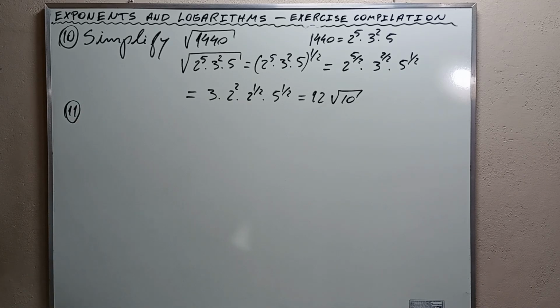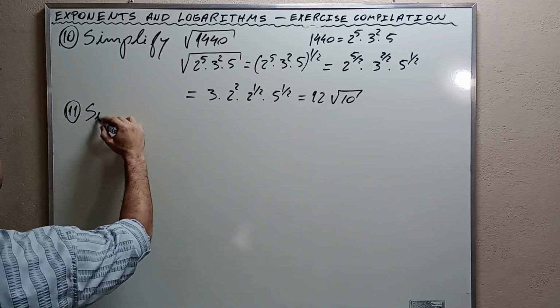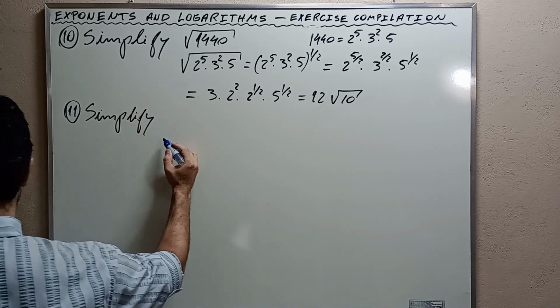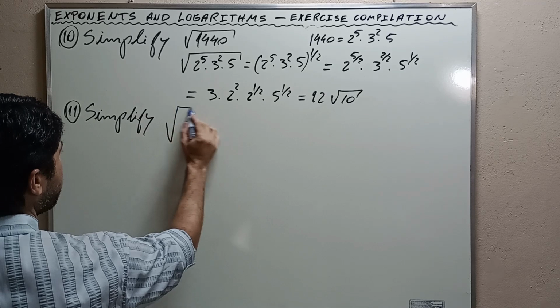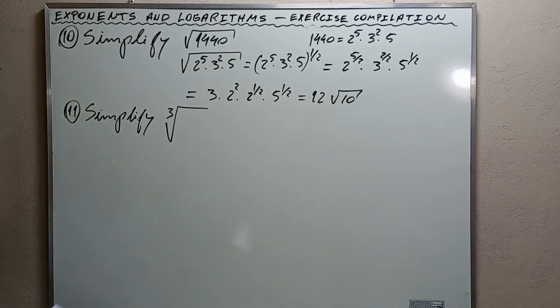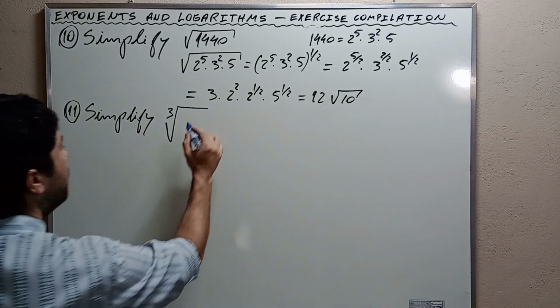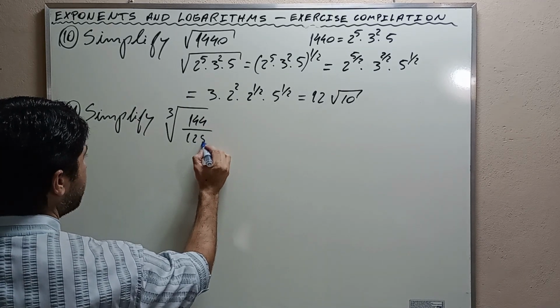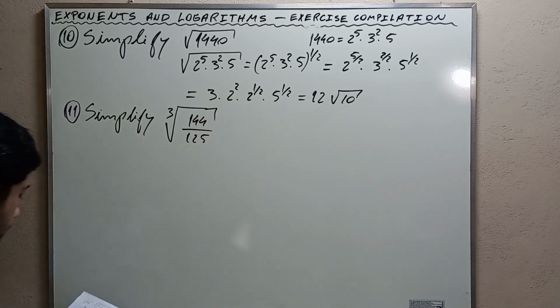Exercise 11. Simplify this. Simplify the cube root of 144 divided by 125. What can we do?